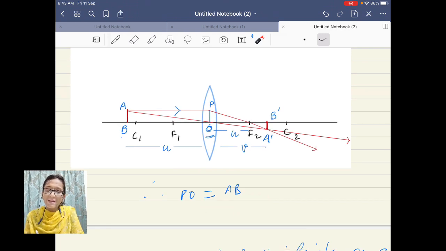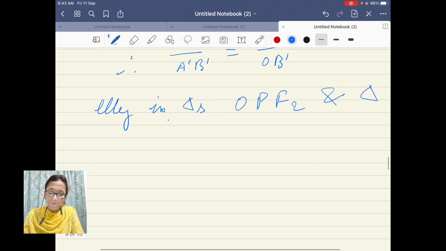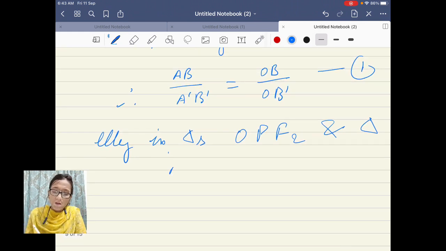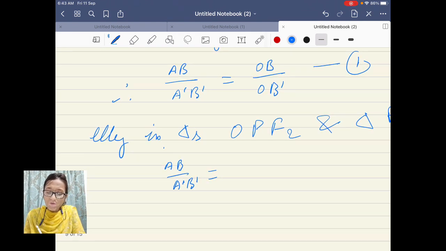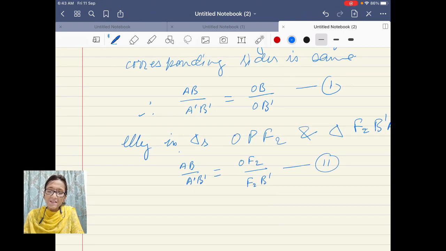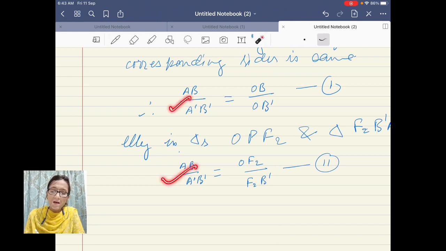So we will find the ratio of OP, that is AB divided by A'B', in these two triangles. AB divided by A'B' is equal to the bases of this first triangle, OF2 divided by F2B'. So in the two equations you can see the left hand side of the two equations are equal.